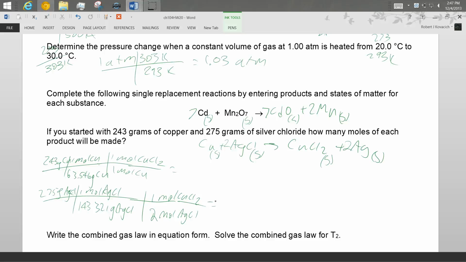All right, so do we have a number of moles for the copper chloride here? For the first one? How about the second one? 0.9?